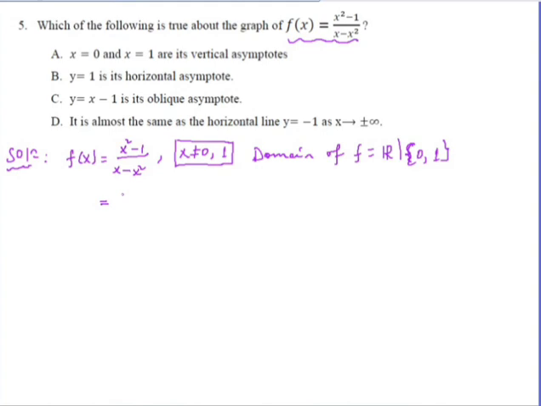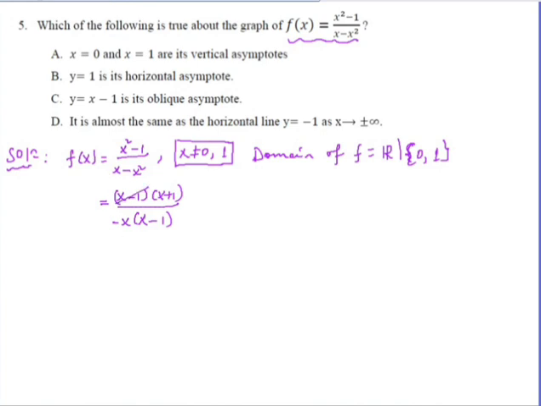So let us write the function in its simplified form. x squared minus 1 means x minus 1 times x plus 1, over x minus x squared, where you can take out minus x from the bracket, and it becomes x minus 1. You can check that this is exactly the function itself.